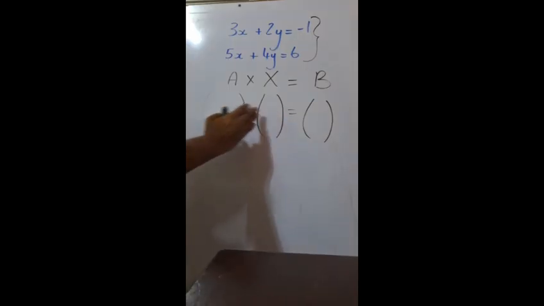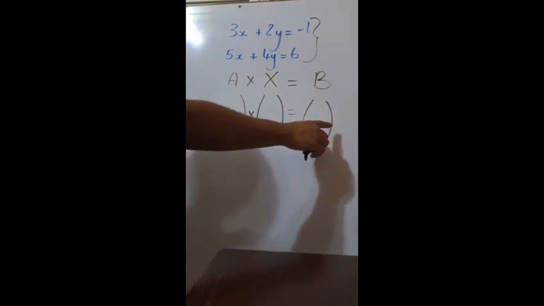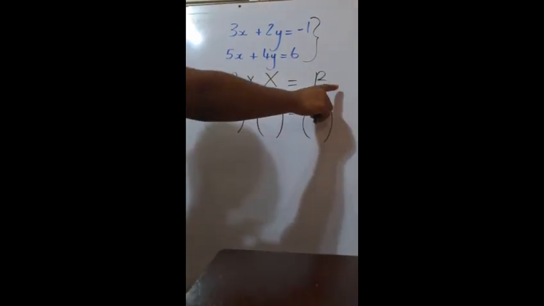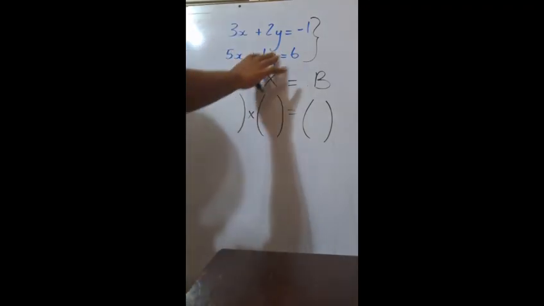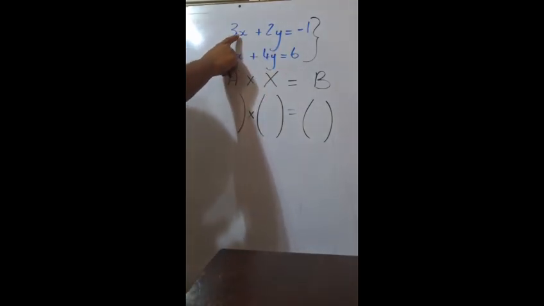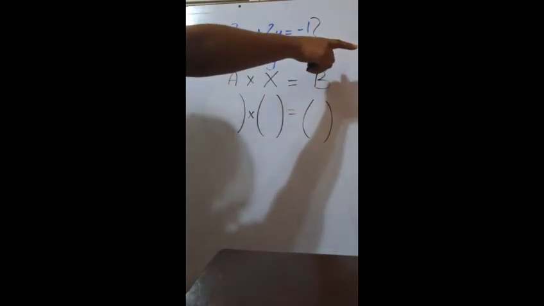Now notice that AX equals B, literally saying that each coefficient multiplies either X or Y and it has a solution.